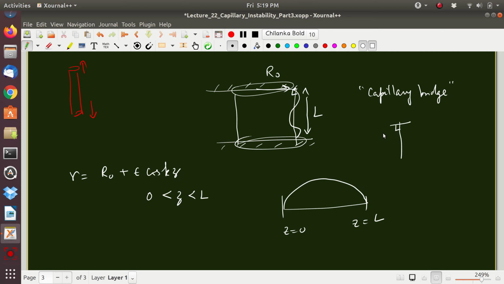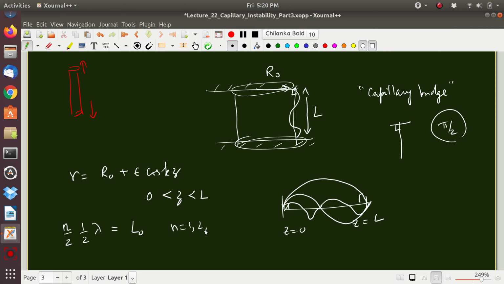Let's say the contact angle is pi by 2, 90 degrees. Now that means it should always be 90 degrees, so you should have waves like this or like this or like this. So you can only fit an integral number of half wavelengths within the domain z equal to 0 to L. That is how the wavelength takes discrete values, where n goes from 1, 2, 3, 4.